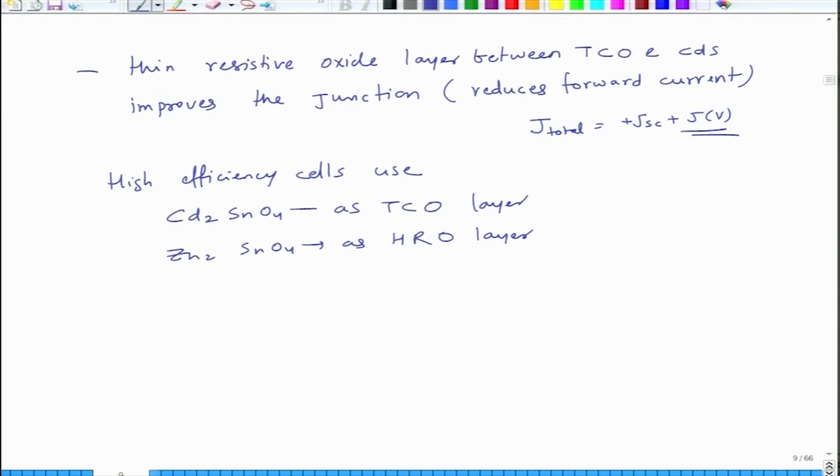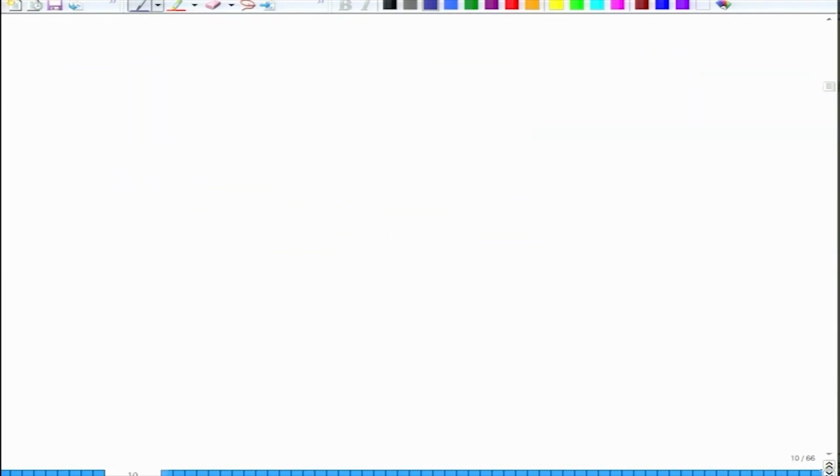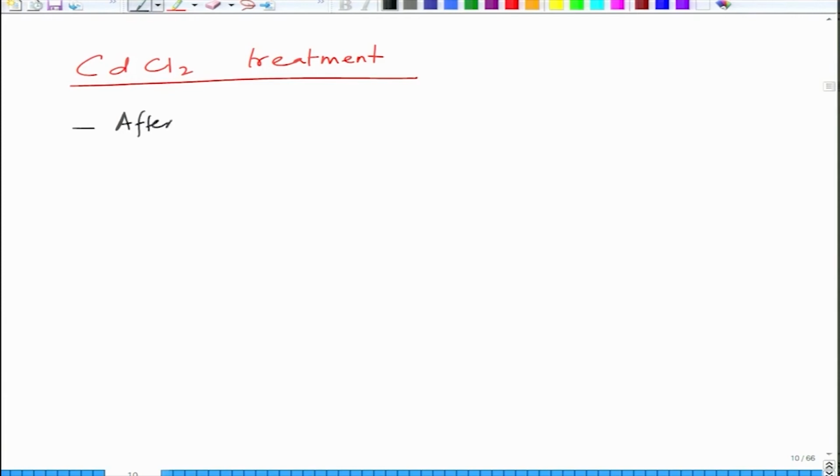How do you do CdCl2 treatment? Cadmium chloride treatment is done after the deposition, so it is a post deposition treatment, okay, and it is done by a few methods.